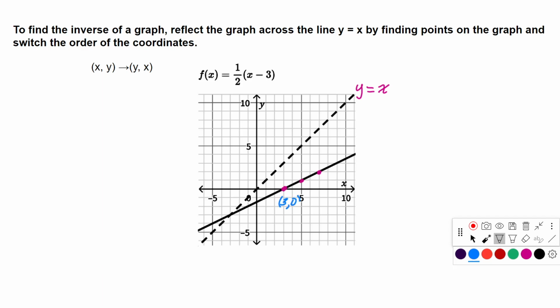and switch them around. So instead of 3, 0, I will have a point at 0, 3. Instead of a point at 7, 2, I will have a point at 2, 7.